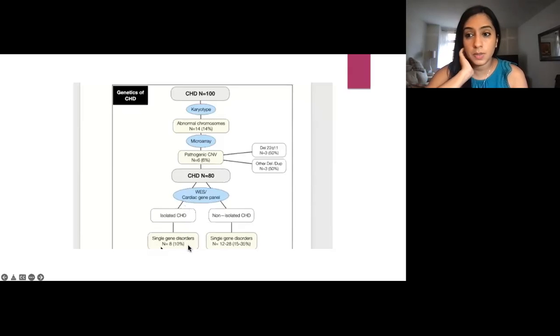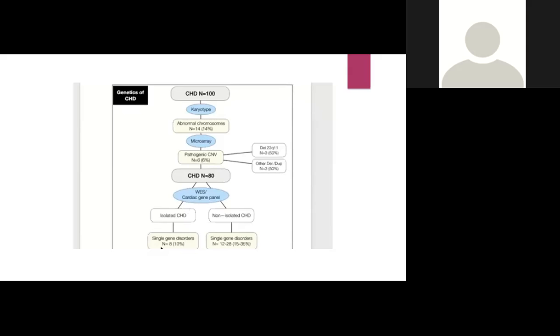So I think this will be helpful for our counseling. I will try to find a paper or a reference for this, which will help us as well. Great, thank you.